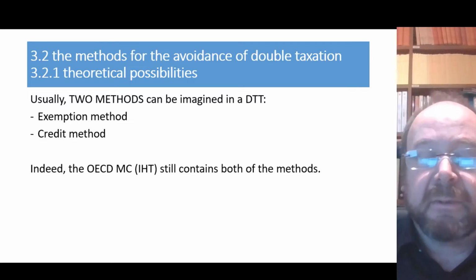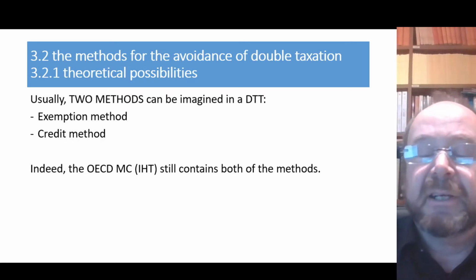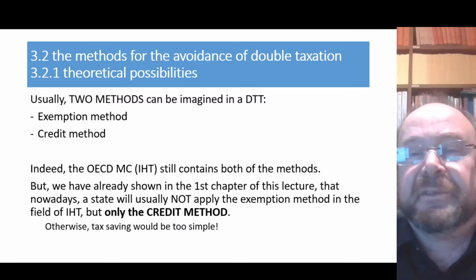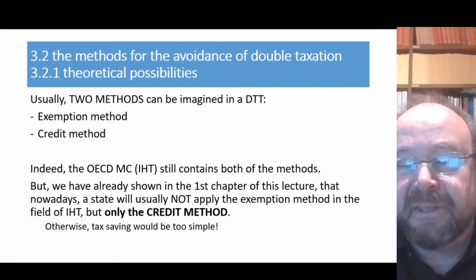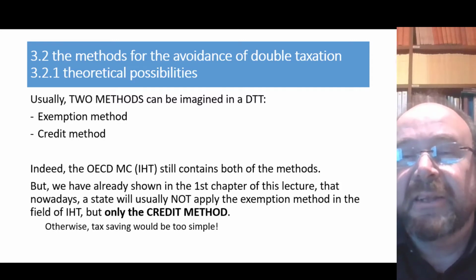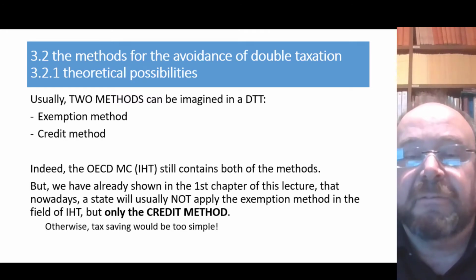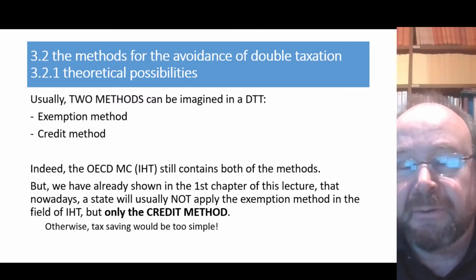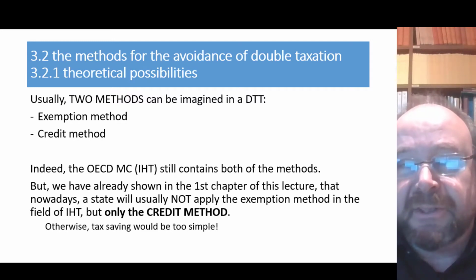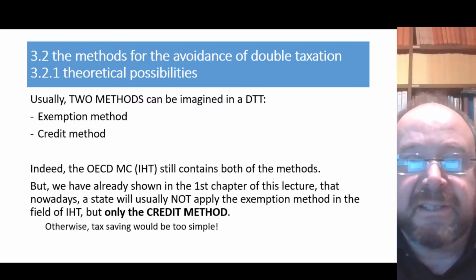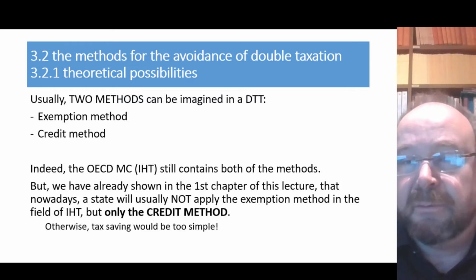The OECD model for inheritance tax still contains both of these methods, but we have already said in the first chapters of this lecture that nowadays a state will usually not apply the exemption method in the field of inheritance tax, because that would enable the taxpayers in a way which is too simple to avoid inheritance tax completely or lower it in an unjustified way. So the favorite of all reasonably acting states will be the credit method in the field of inheritance tax. Otherwise, tax-saving models would be too simple.